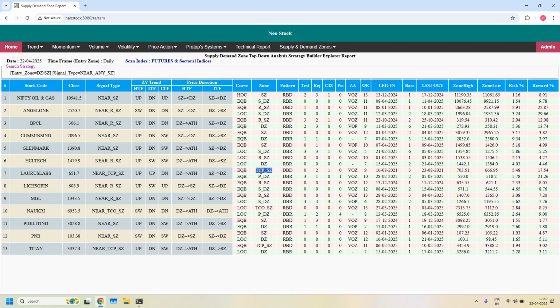Laurus Labs is having a high liquidity supply zone. LIC Housing Finance is having a high liquidity supply zone. MGL is having a high liquidity supply zone. Titan is having a high liquidity supply zone. We have identified 7 daily high liquidity supply zones from this list.